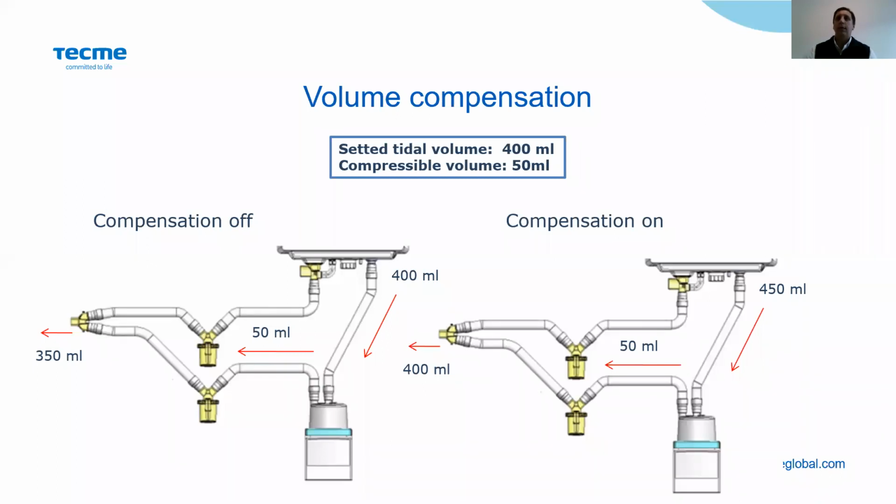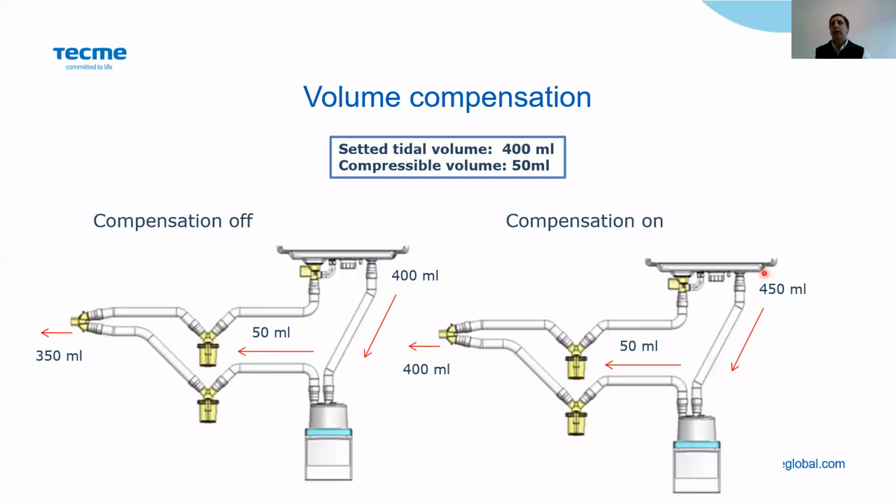Here we have the example again. If the volume compensation is on, the machine is going to deliver a higher tidal volume than the one that I have set. I have set 400 milliliters, so the machine is going to deliver 450 through the patient outlet, in order to keep some volume inside the patient circuit and deliver to the patient the tidal volume that I have set.